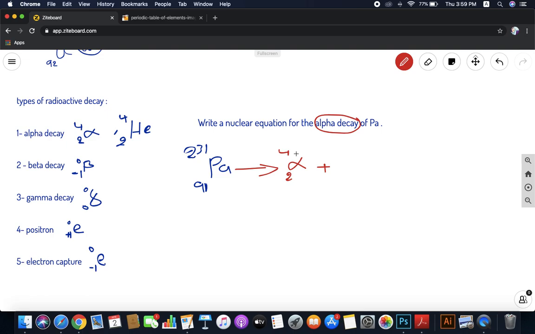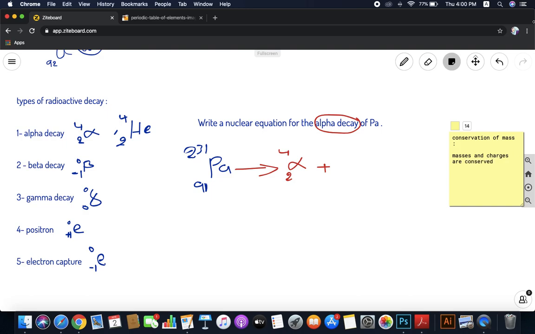Your product should apply the conservation of mass law. The conservation of mass law is to make sure that all the charges and the masses in the equation are conserved.